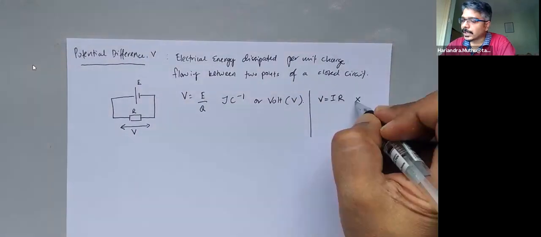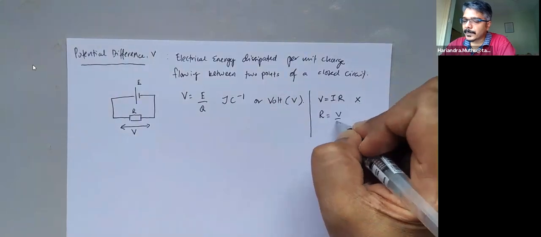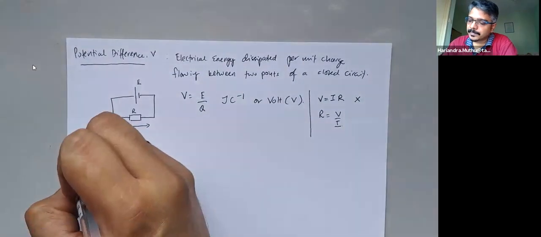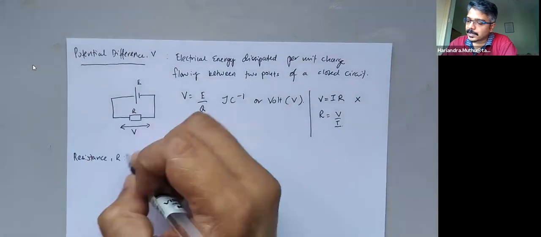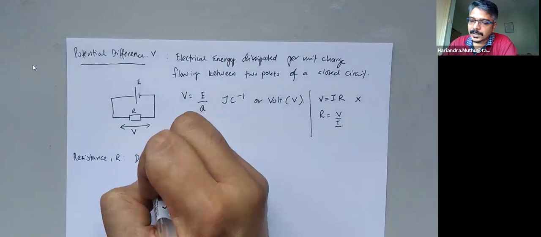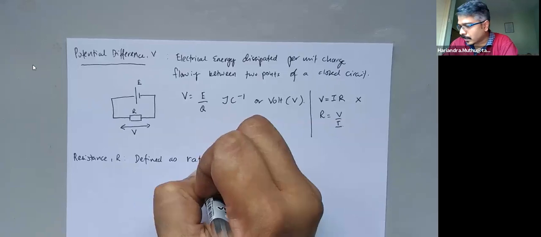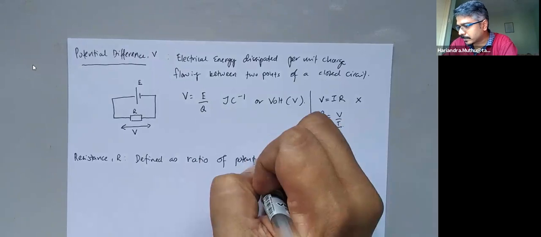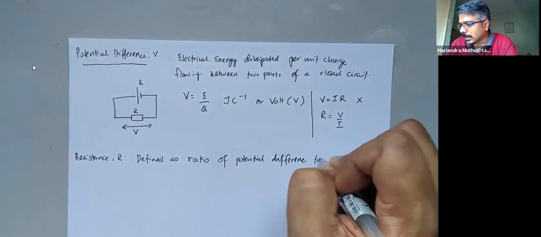This formula is used to define the resistance, V over I. Resistance R is defined as the ratio of potential difference to the current.